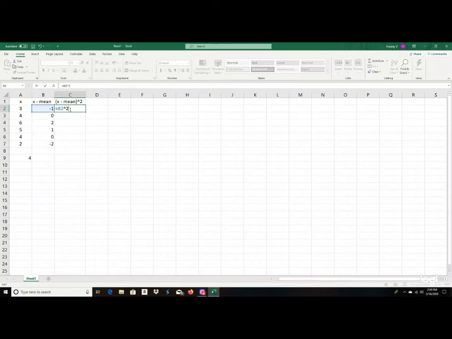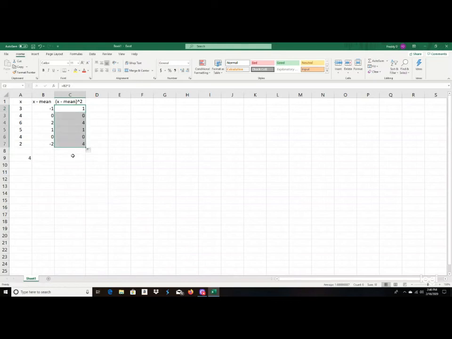Then you just type in 2 for squared, and there you have it. Then, just like before, take the small square, left click, hold it, and drag it down.